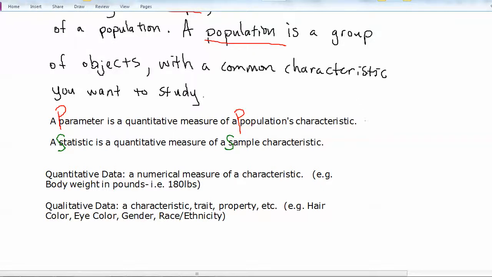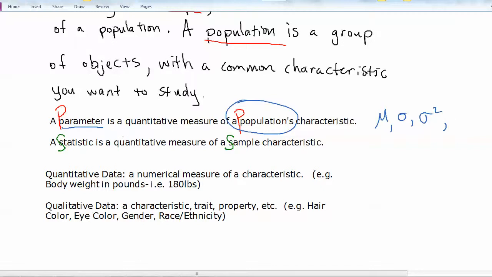what our convention is: for population characteristics, parameters are denoted by things like mu or sigma squared, Greek letters usually.